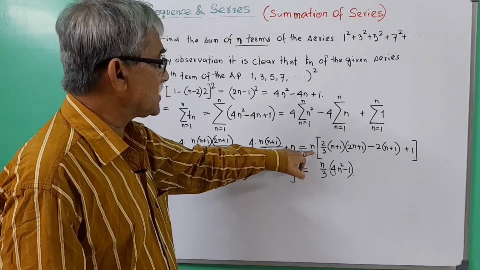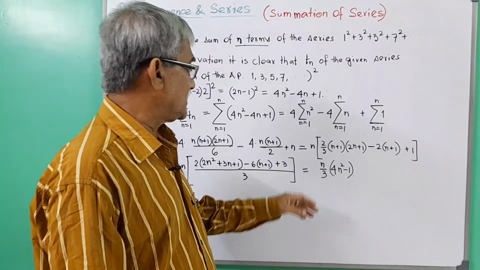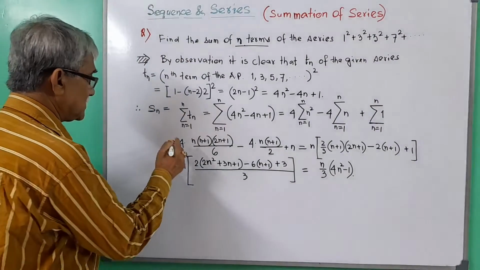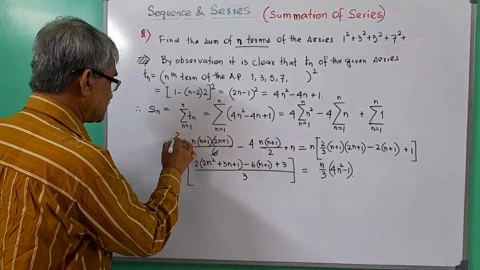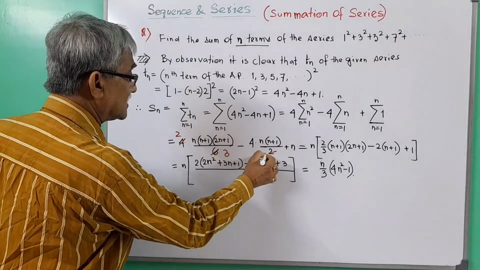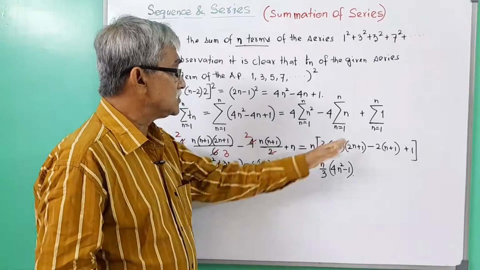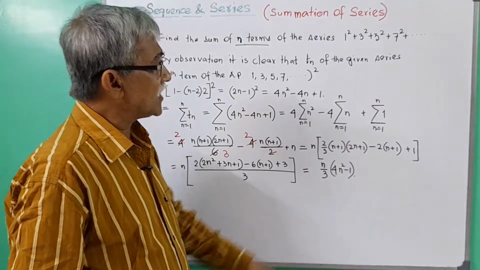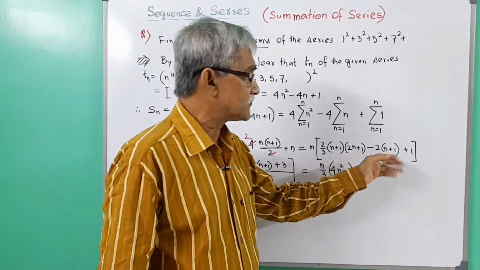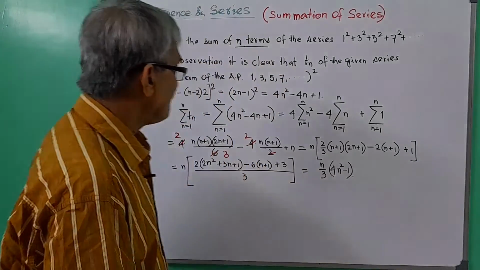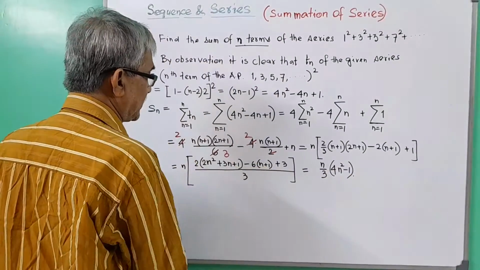So if you take this n common, here it cuts. Here you can minimize 2 upon 3. You can minimize, that is 2. Okay, so n into [2 by 3 into (n plus 1) into (2n plus 1) minus 2 into (n plus 1) plus 1]. So just simplify it.